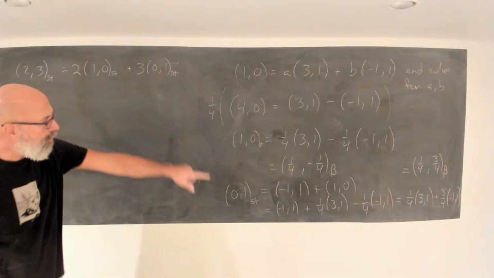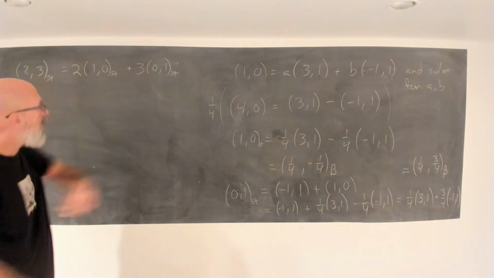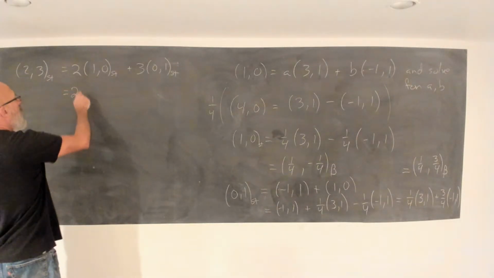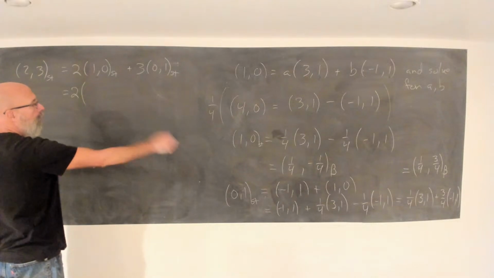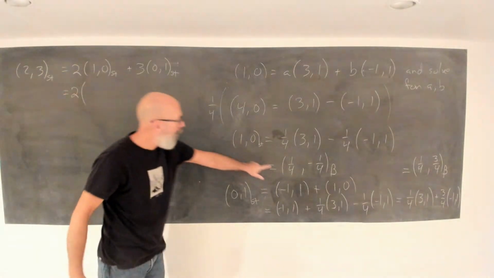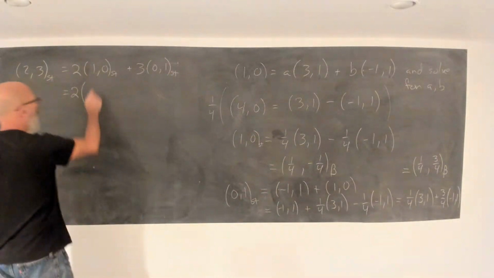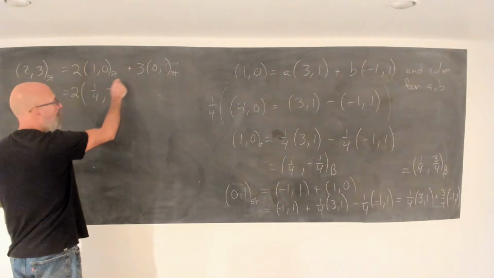But you just found what the vector (1, 0) was: the vector (1/4, -1/4).